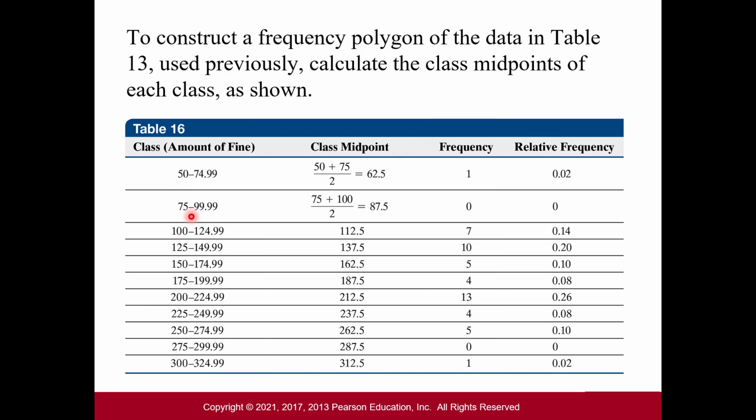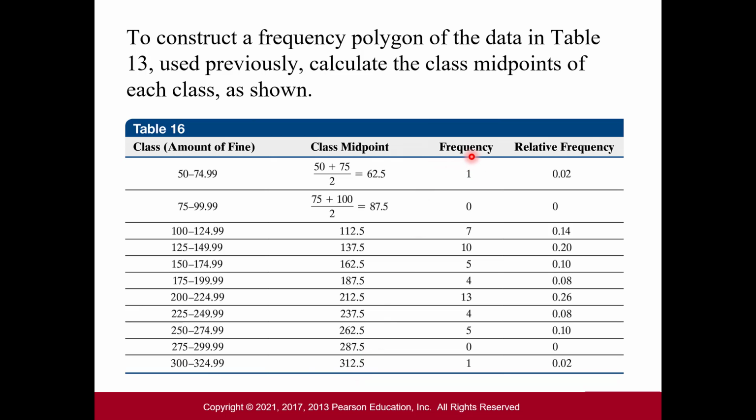Similar calculation: 75 plus the next lower class limit, 100, divided by 2 gives us a midpoint of 87.5. We can do that for each of the classes and we would get each of these midpoints. That's where we're going to plot, at least horizontally, our point that is going to represent our frequency.